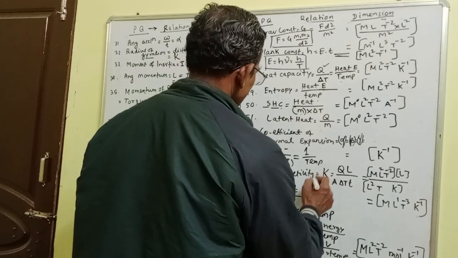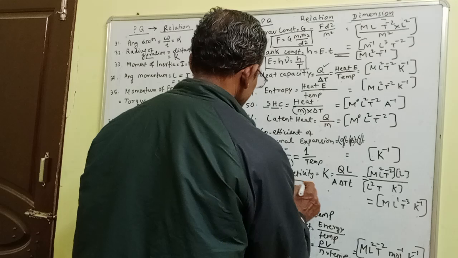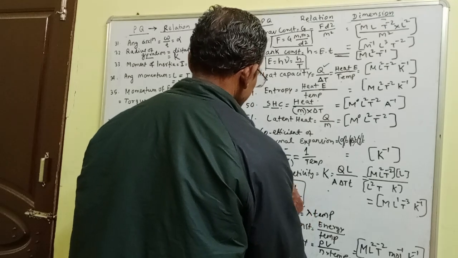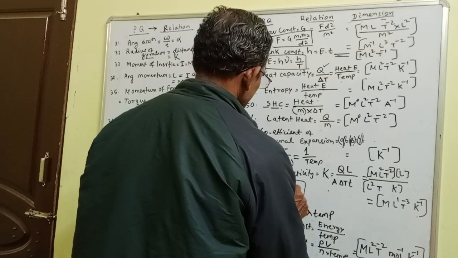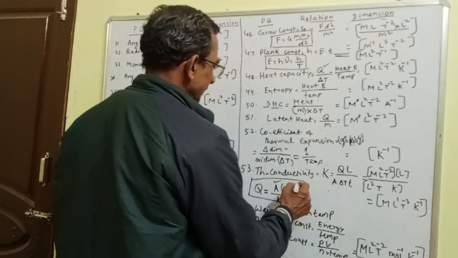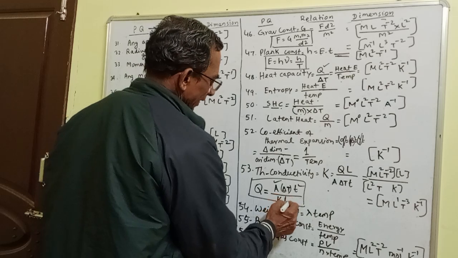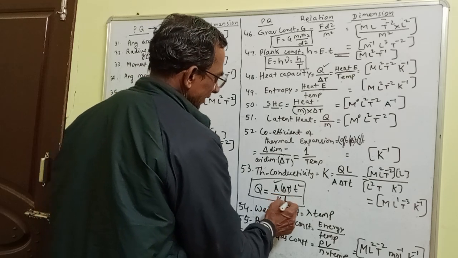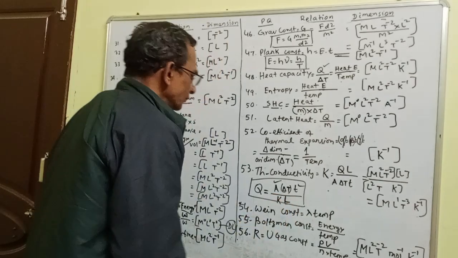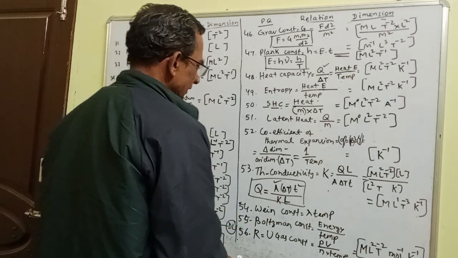Thermal conductivity: we know heat energy is proportional to area, change in temperature, and time divided by L. L is the length, K is the thermal conductivity.